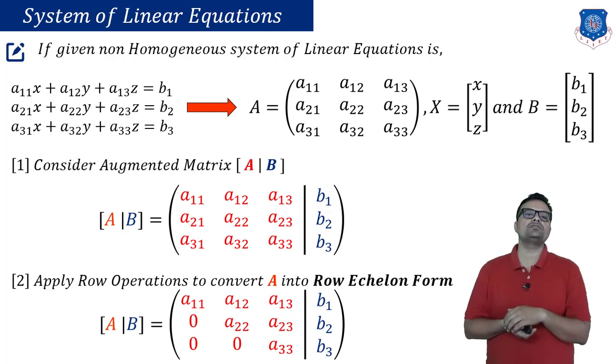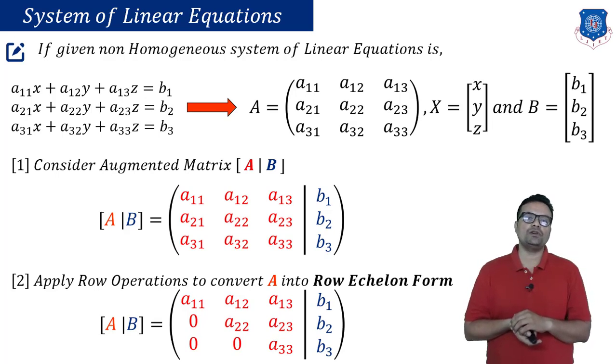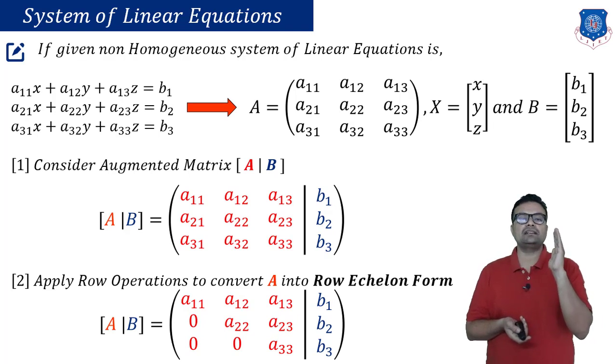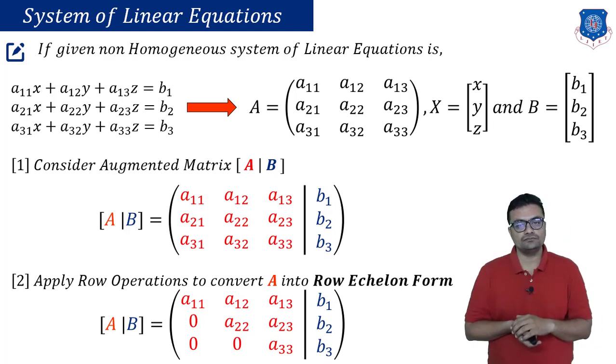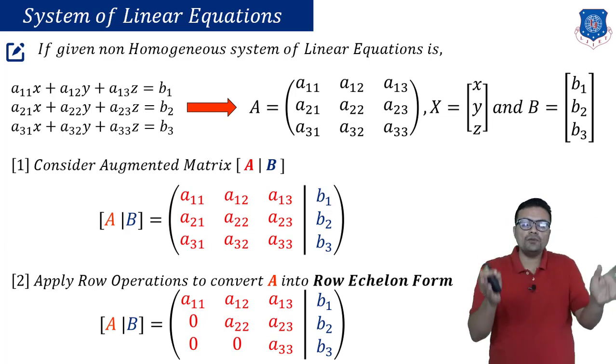My focus will always be on the part in orange color, meaning A. Suppose this is the row echelon form of the matrix. A11, A22, A33 are the pivots. So now I can find the rank of matrix A as well as the rank of matrix A augmented B also. The augmentation will help you to find separately the rank of a submatrix as well as the whole matrix at a time.